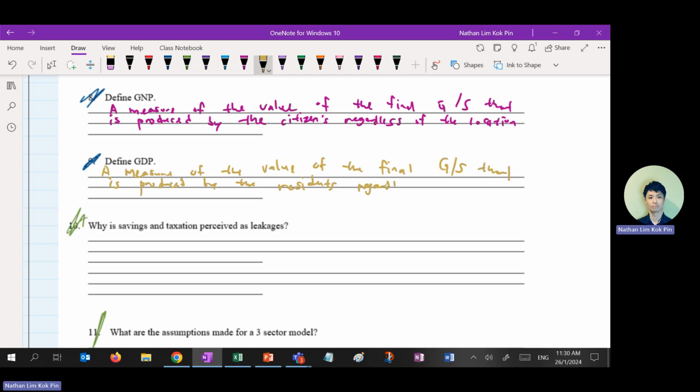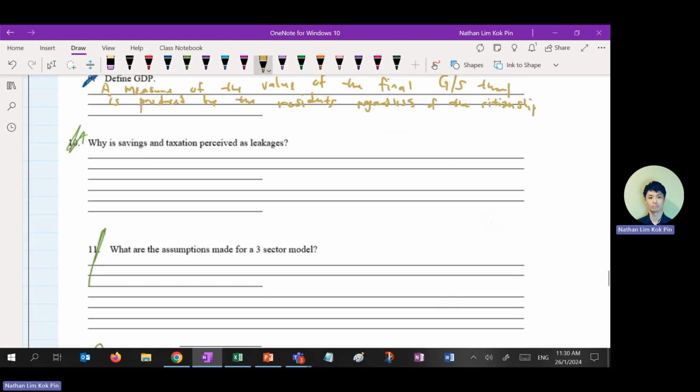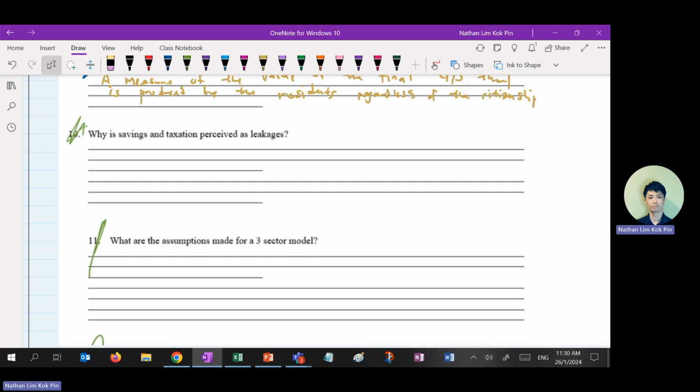Regardless of the citizenship. Remember the framework, then you don't need to remember so many things. You just remember the keyword, then you change the terms. That's all, right? What's the keyword? Final, residence, regardless of citizenship. Like that, right? So why are savings and taxation persistent leakages?